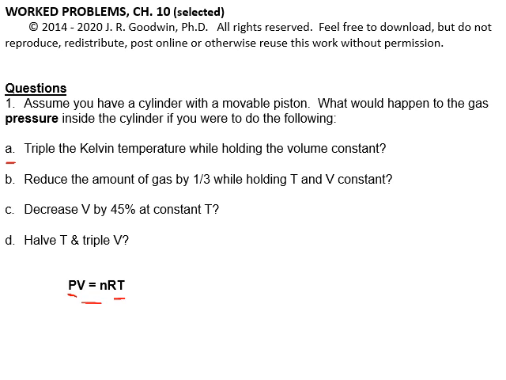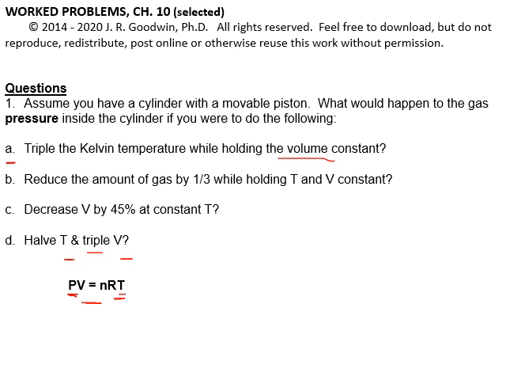When you have an equation like this one, whenever you triple something on one side, the net effect has to be that something on the other side also triples. In this case, if we triple the temperature, since the volume can't change because they're telling us up here that we're holding the volume constant, then we would also have to triple the pressure. So for A, the pressure would triple.